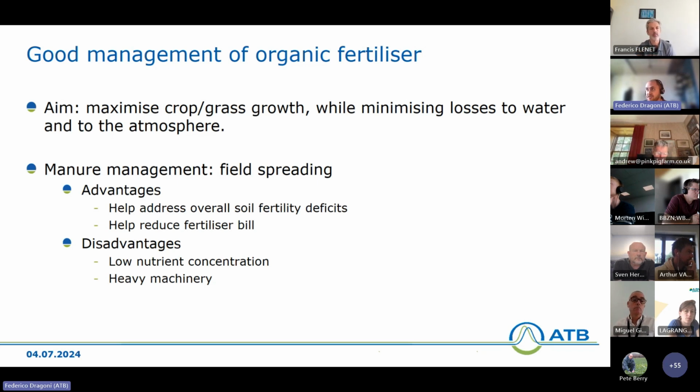What is not the same is the complexity of the substrate, because organic fertilizers are typically not a single compound. They are complex mixtures of many components in which the fertilizing components, especially from the point of view of nitrogen, are sometimes not that concentrated.